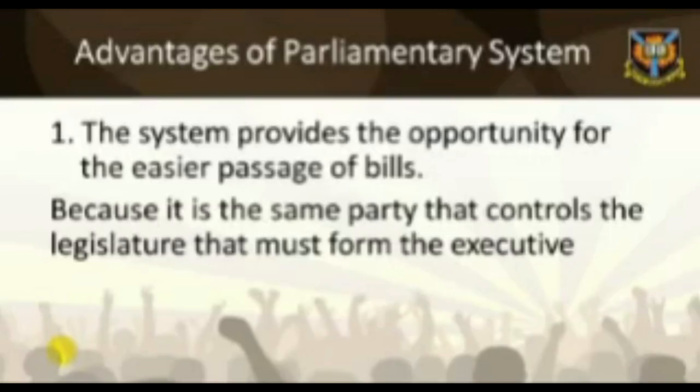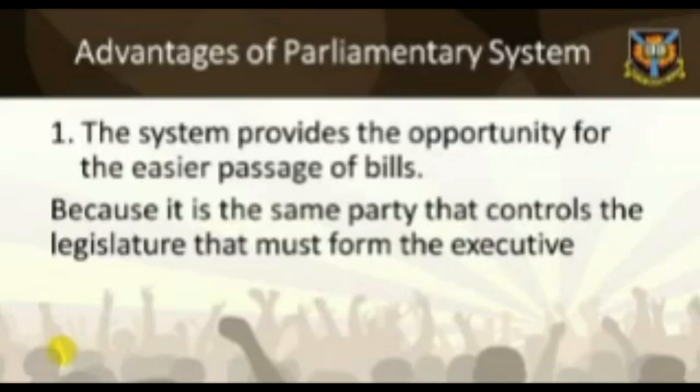For instance, formerly in the United States, the Republican controlled the federal executive under the tutelage of George Bush Jr., while the Congress was controlled by the Democratic Party for having the majority seats.